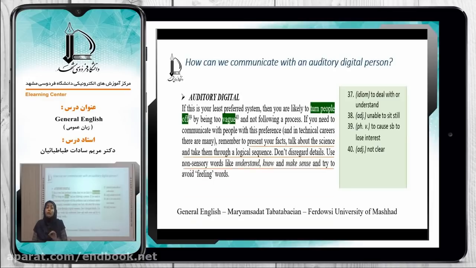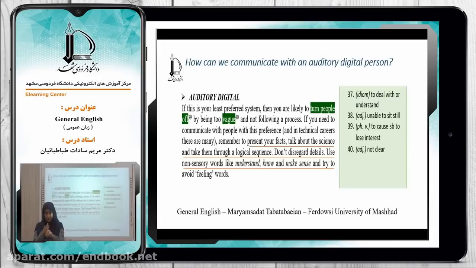And use words like understand, because understand has to do with the brain and with thinking. And they like such words because they are based on facts. Or know, these are the words that you have to use with them.